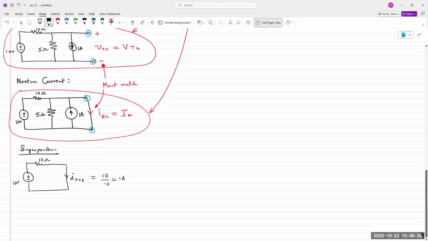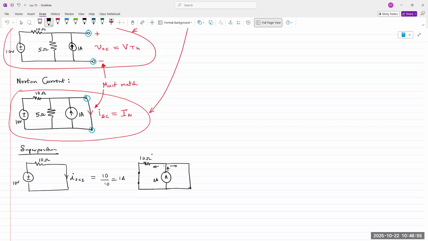And if I analyze this using only the current source active, this is a short. This resistor is no longer part of the circuit. And I have a short this way. So current goes up, splits in two.